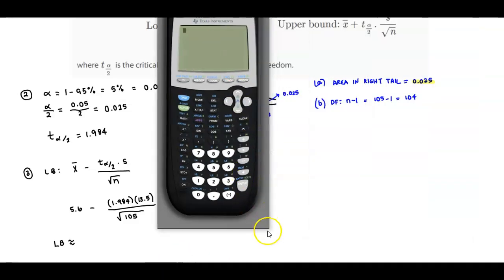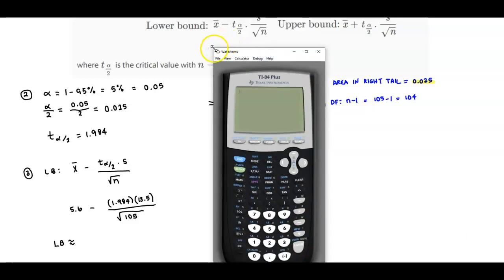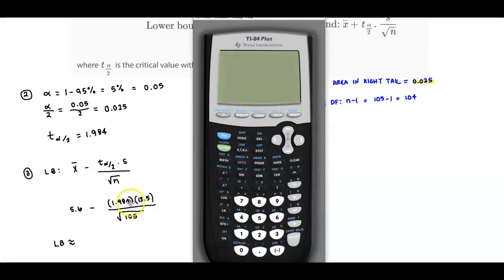Using our calculator, we're going to take negative 1.984 times 13.5, and then divide that by the square root of 105, and then add the 5.6.